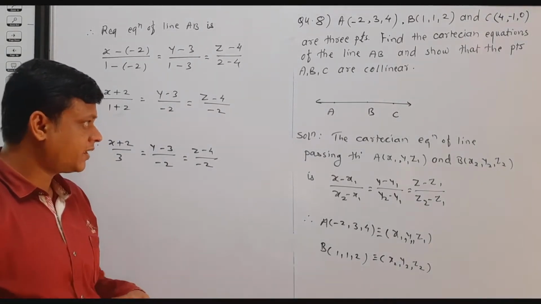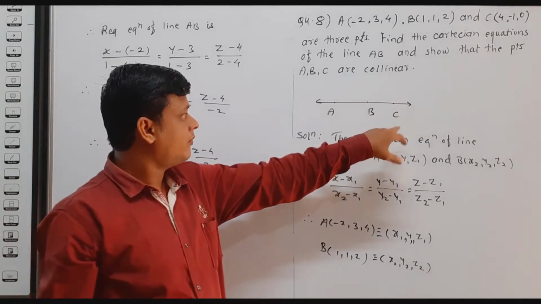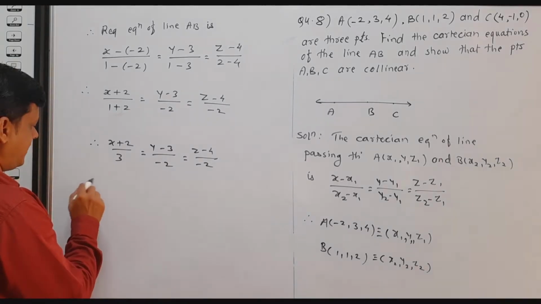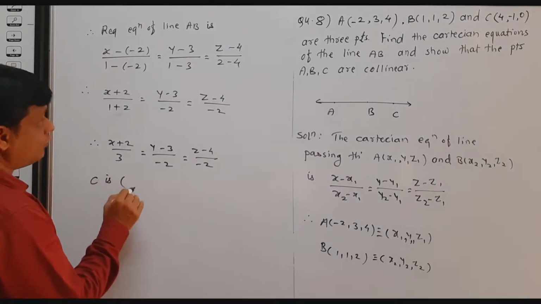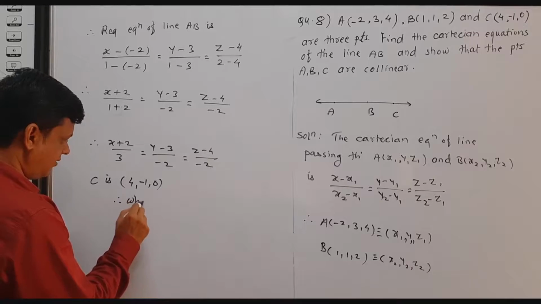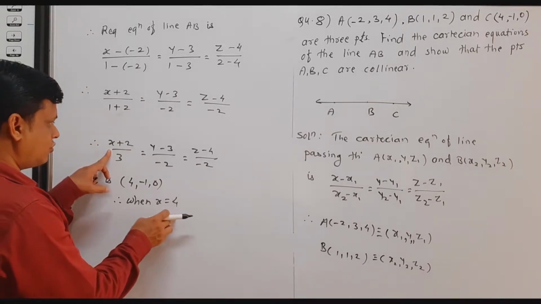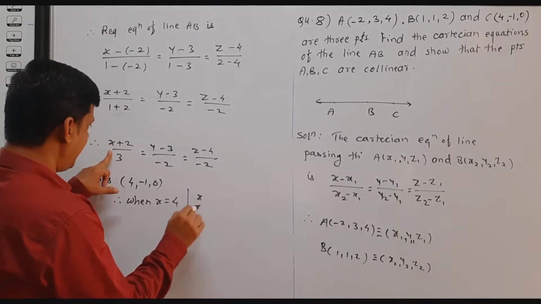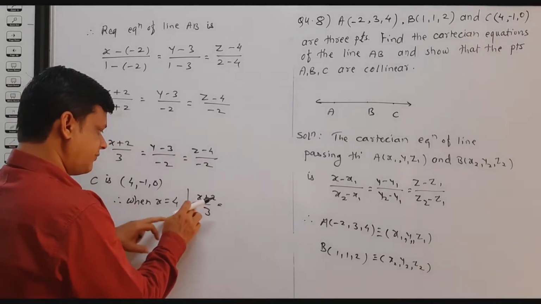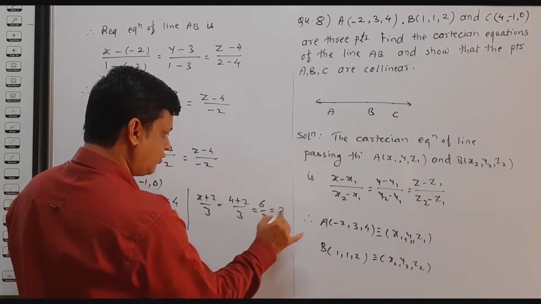Now we have to show that this point C also lies on this line. That means the point also satisfies this equation. So we substitute here the coordinates of point C, which are 4, -1, 0. When x is equal to 4, we get (x plus 2) upon 3, that is (4 plus 2) upon 3, which is 6 by 3, equal to 2.